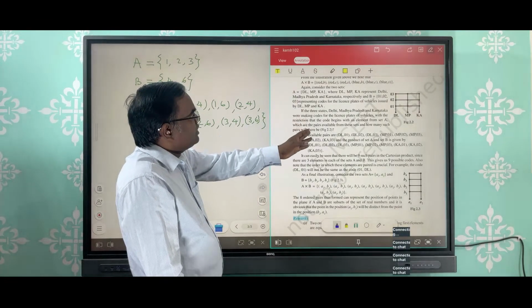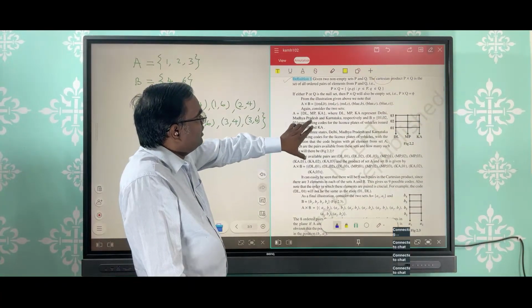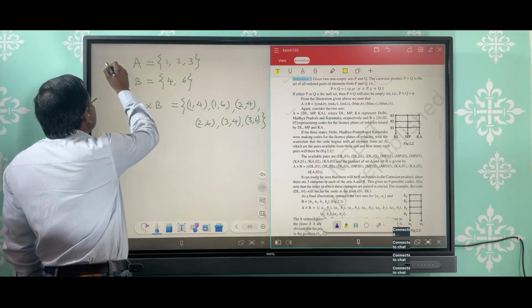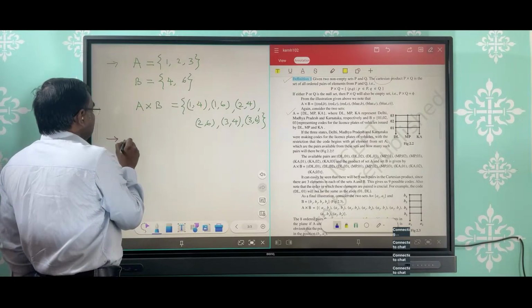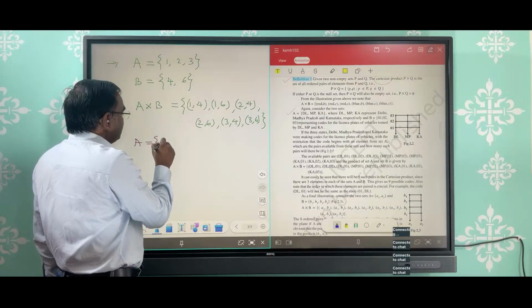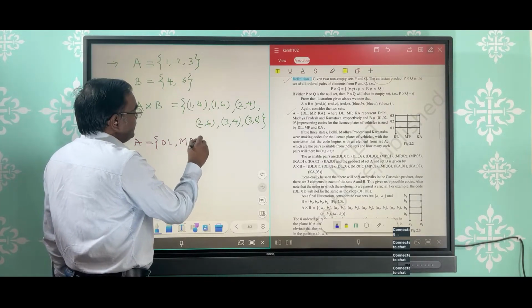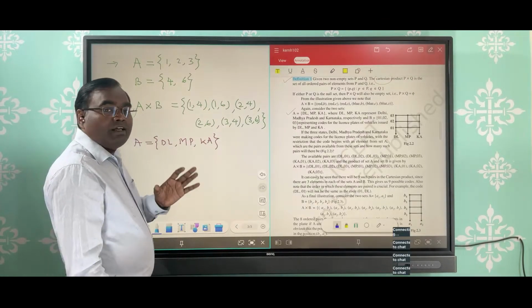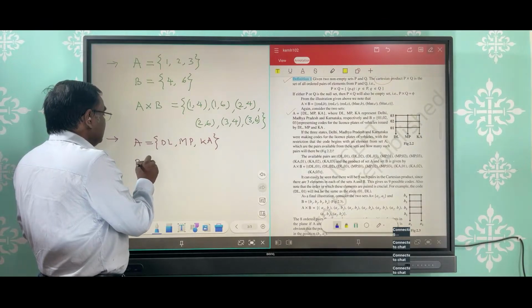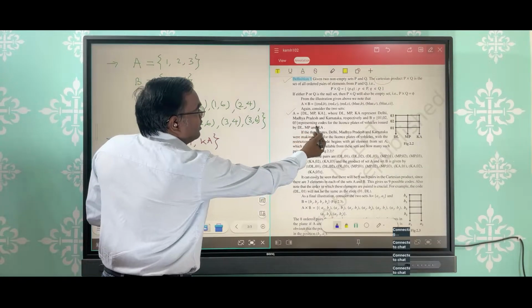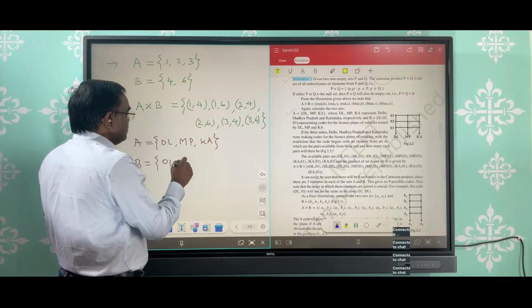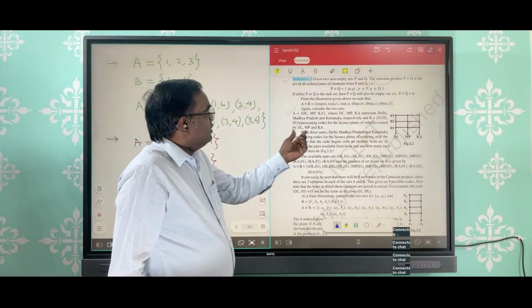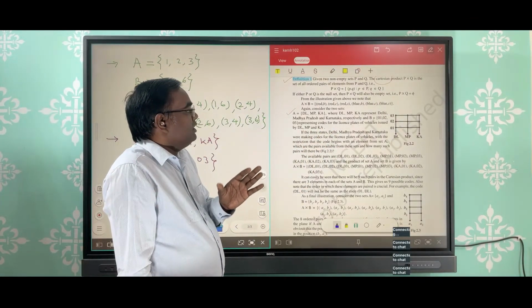Now take another example. Suppose set A contains the elements DL, MP, and K. If DL represents Delhi, MP represents Madhya Pradesh, and K represents Karnataka, and you want to find the number plates of vehicles with these symbols, and B is the set containing 01, 02, 03, then generate a code for the license plates of vehicles issued by DL, MP, and Karnataka.